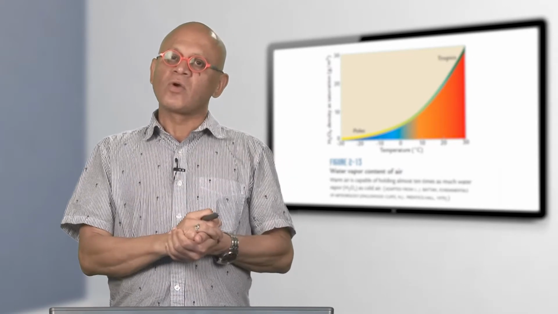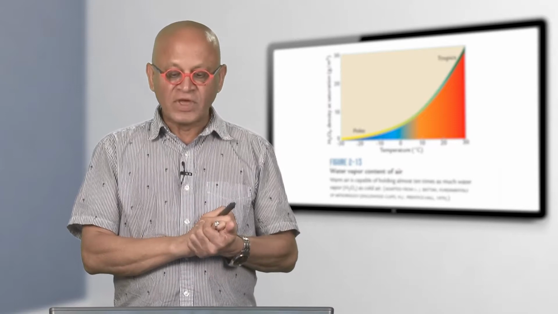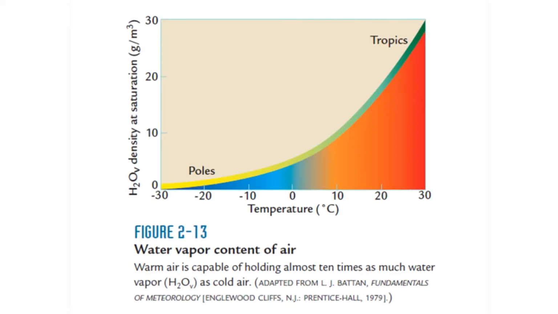The other important thing you have to remember about water, which I think you already know, is that when it is colder, the air tends to be drier, and when it is hot, it is more humid. Why? Because if you look at the relation between temperature, going from minus 30 degrees centigrade to plus 30 degrees centigrade, and the density of water vapor at saturation, it increases continuously.